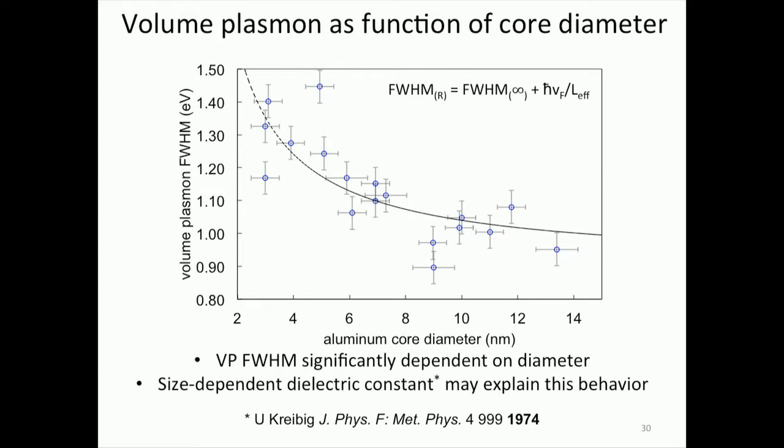And we achieve a reasonably good agreement with the data. So we believe that this classical model of the size-dependent dielectric constant might explain the volume plasmon in our system. Furthermore, from the full width at half maximum, we could calculate the volume plasmon relaxation time.